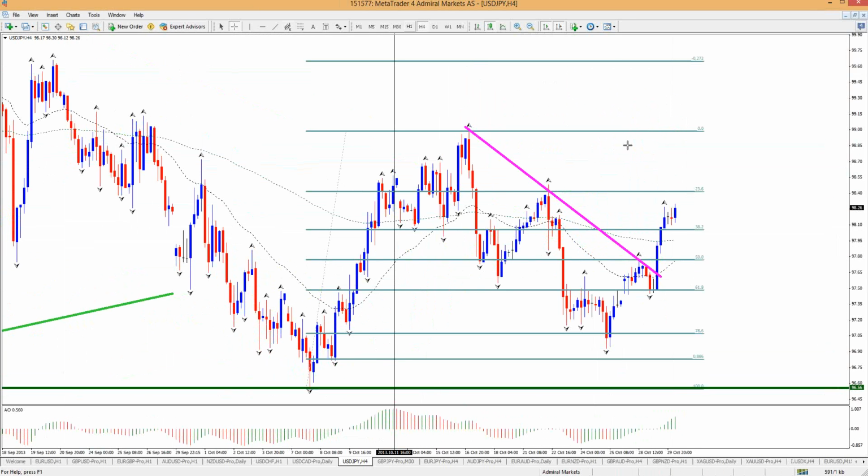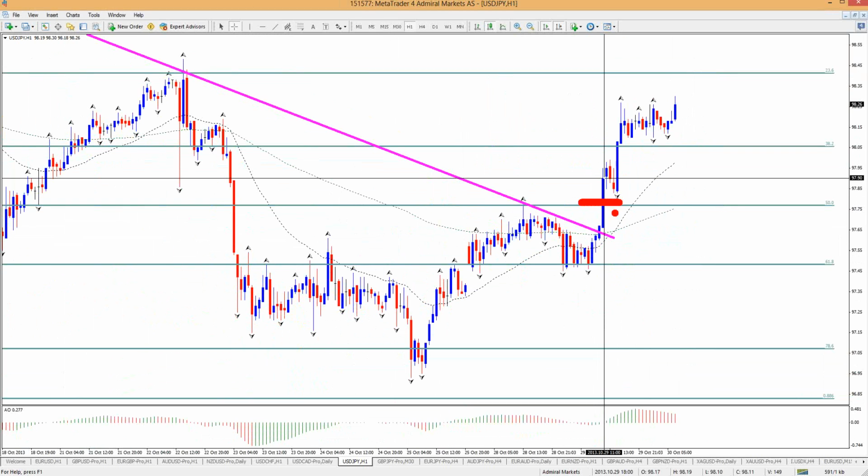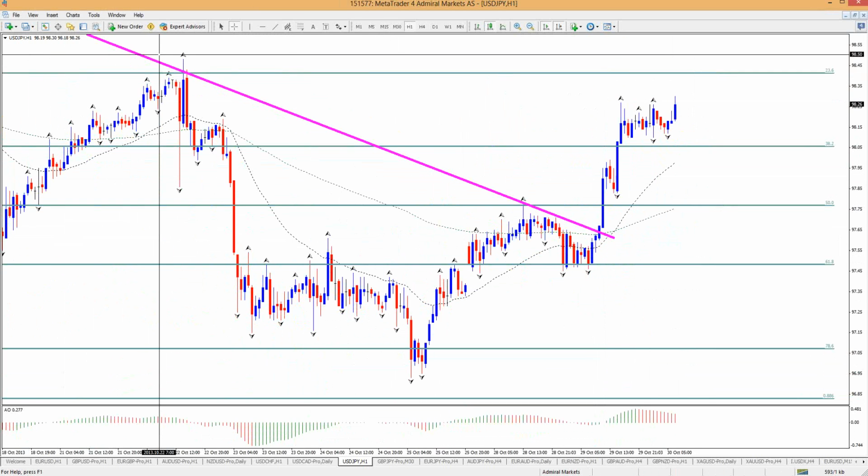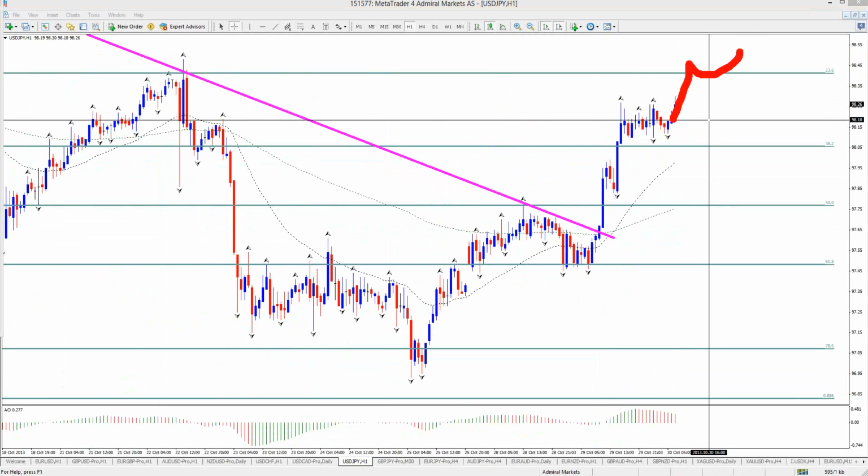because even the 1 hour fractal was just a few pips higher, right? And I put my stop loss here, and it's still going our way. Now, how high could this go? I think that for the intermediate future, we should expect continuations to higher ground.